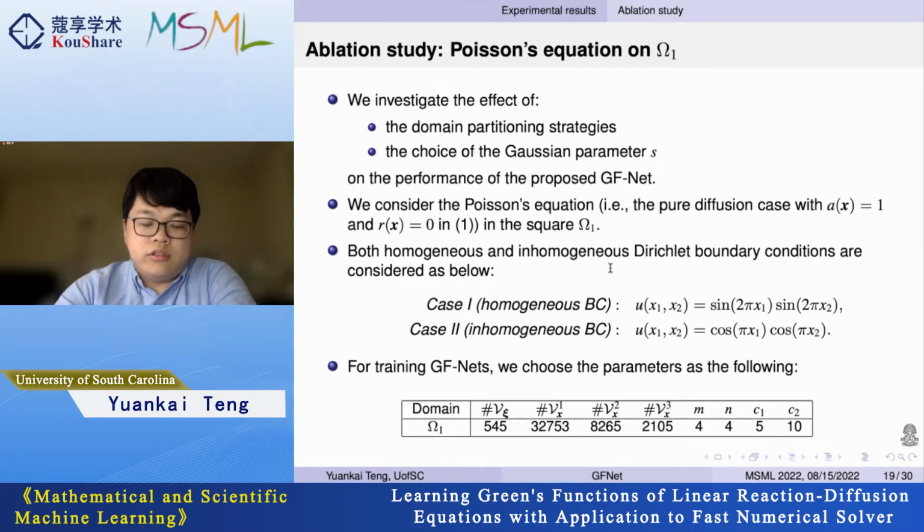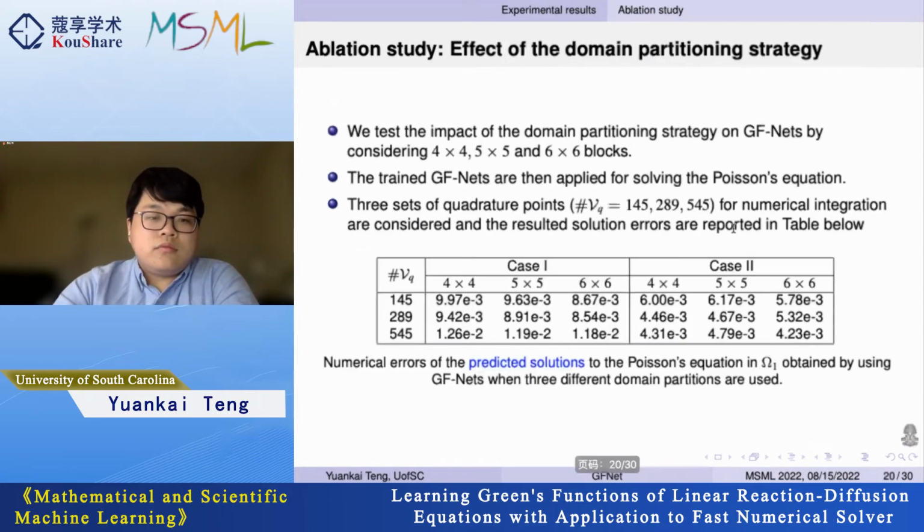The first one is the homogeneous boundary condition, and the second one is the inhomogeneous boundary condition. For training the GFNets, we choose the parameters here. We first sample 545 different ξ on the domain, and then we divide it into 4x4, which is 16 different blocks, and we choose the samples from X with C1 equals 5 and C2 equals 10.